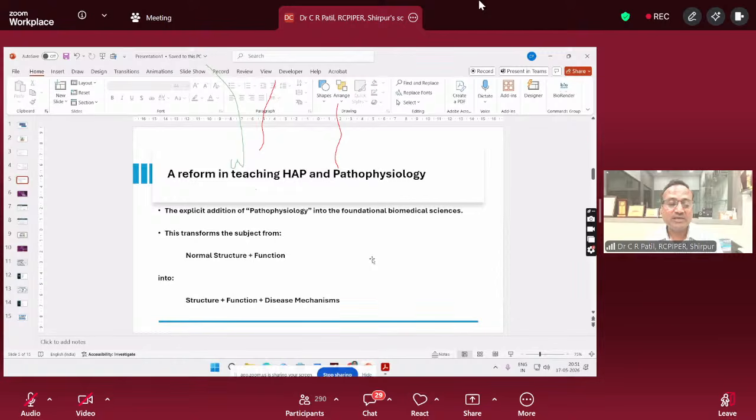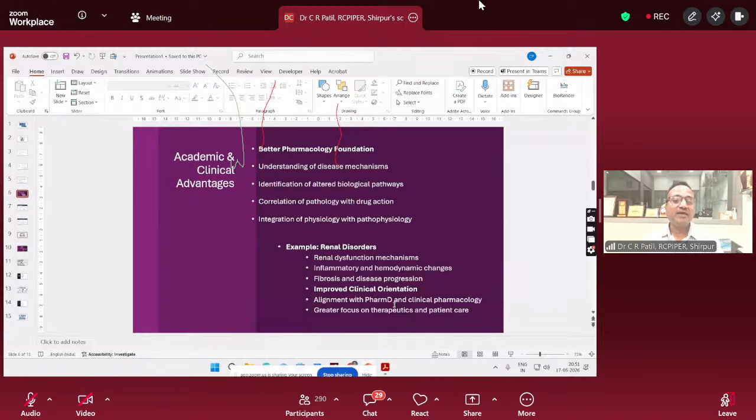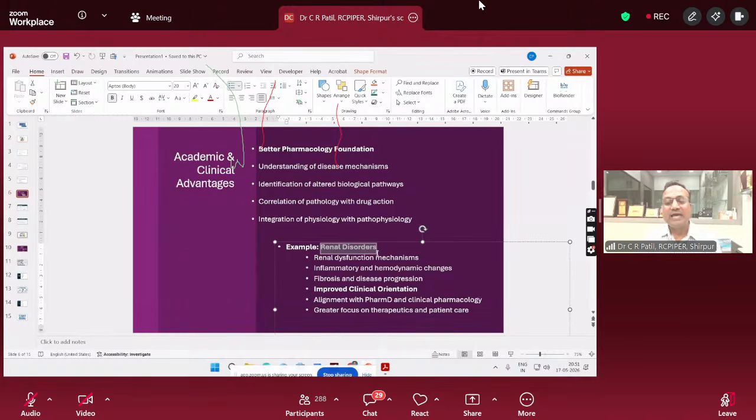Let's improve ourselves in delivering the contents so that our students will benefit in terms of clinical orientation and clinical knowledge. If you are teaching a renal disorder, then in the same semester, you have the anatomy of kidneys, physiology of urine formation, and then diseases associated with the kidney. So this integration is something we have to take up positively.